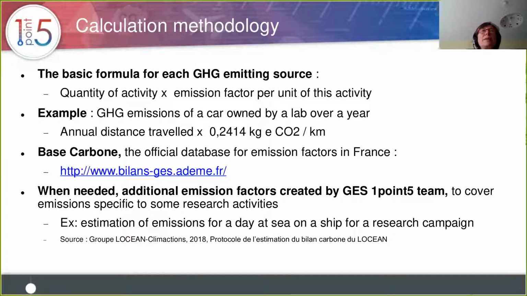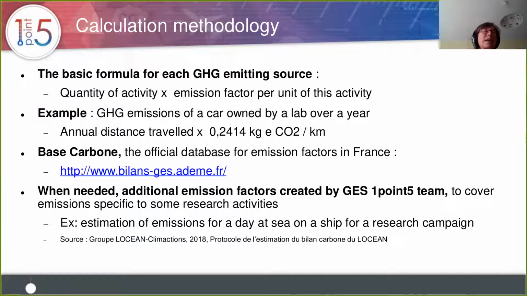So the calculation methodology, those of you who are familiar with greenhouse gas inventories will find it very understandable. And for the others, it's quite easy to understand. The basic formula is, for each greenhouse gas emission source, multiplying the quantity of activity by its emission factor, which is how much one unit of this activity emits in terms of greenhouse gas emissions.